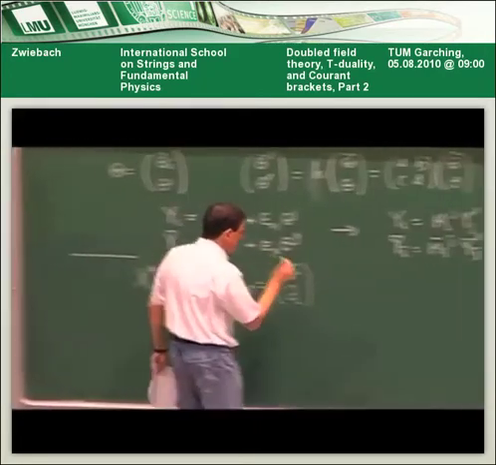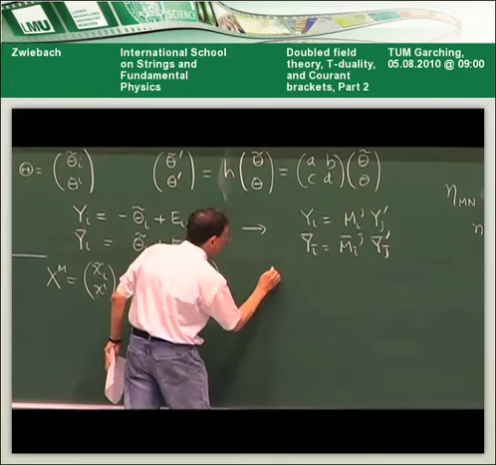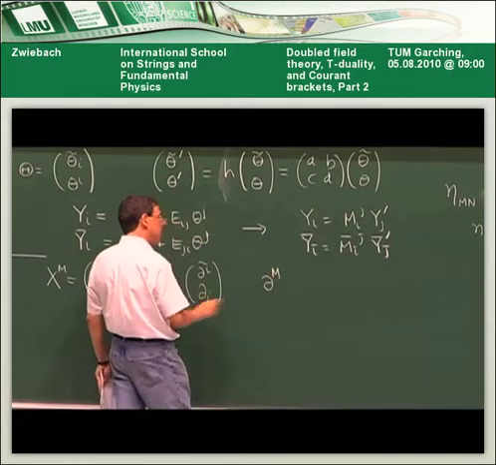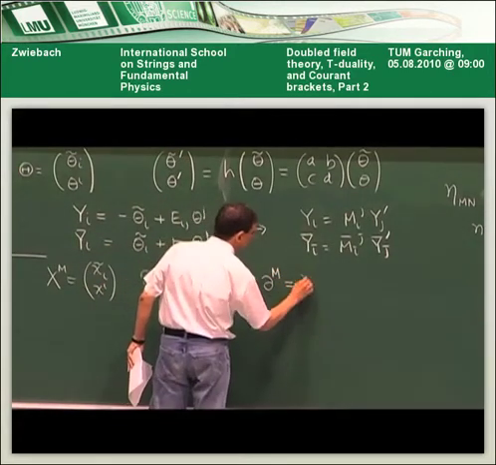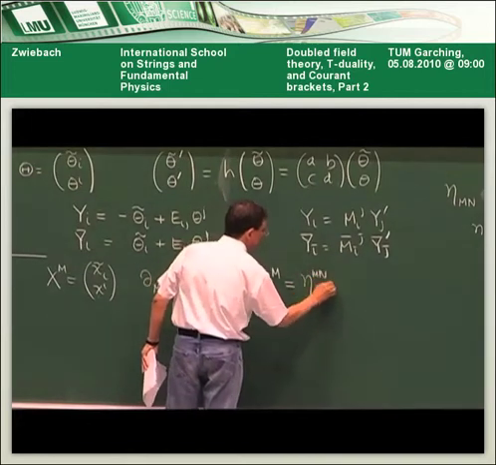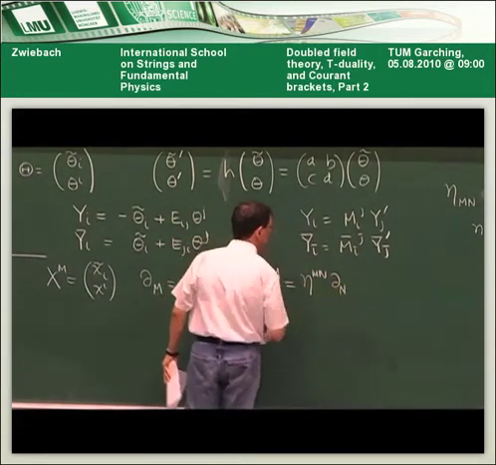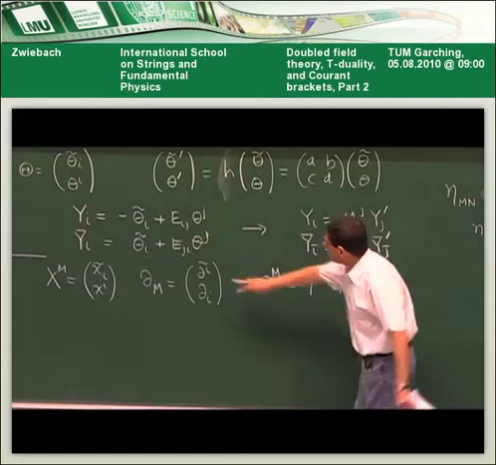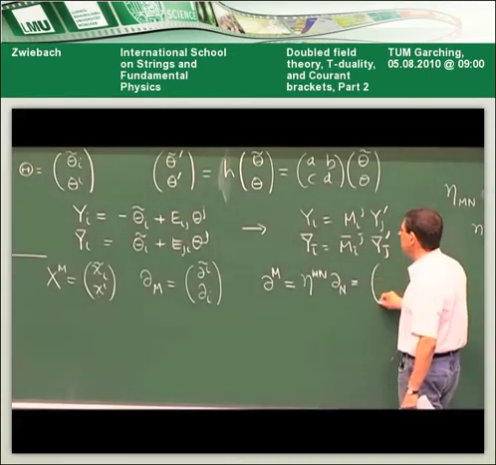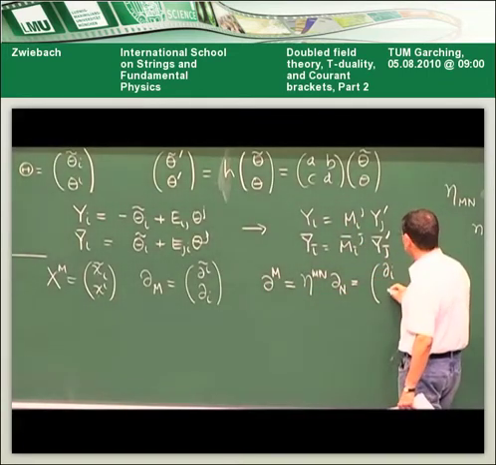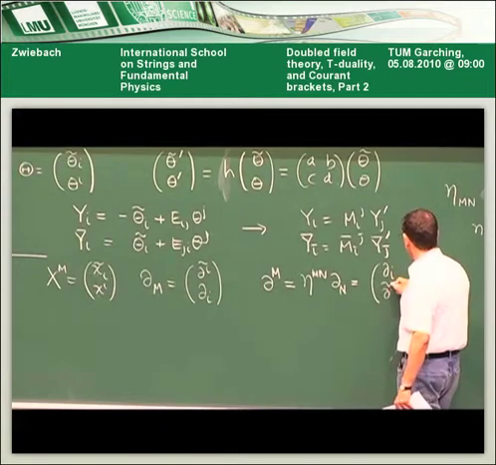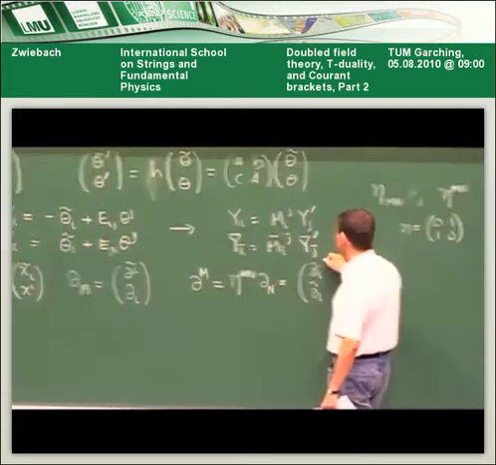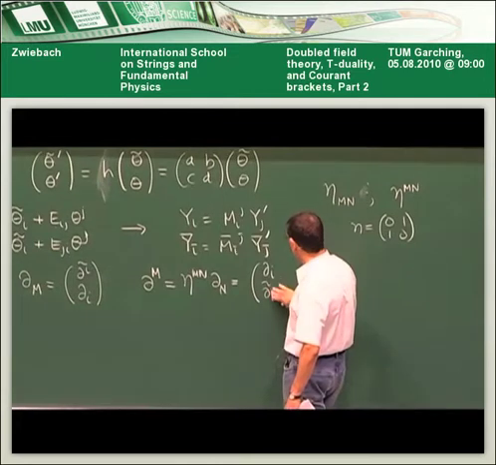So in this theory, we can write d^M up as eta^MN d_N. And this switches the position of these two. So you get a d_i down, the tilde i up.